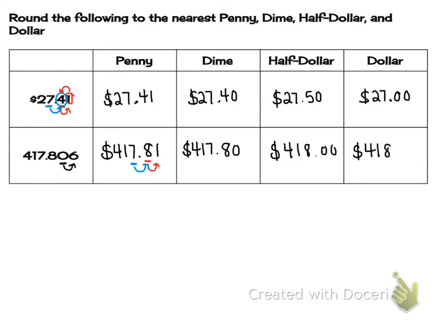So it just so happens the nearest whole number and the nearest half dollar are the same number, and that's okay. It shouldn't make a difference.